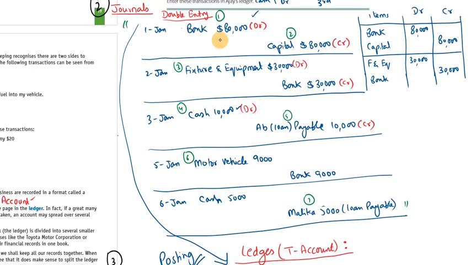The first information is bank is debited against which accounting head, that is the capital. So in the debit side of bank account I will write 80,000 against capital.